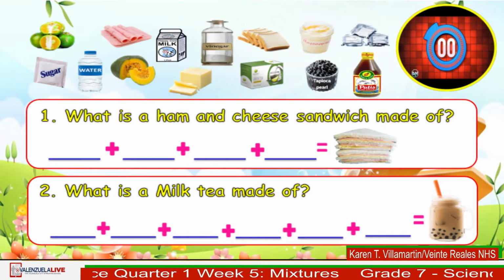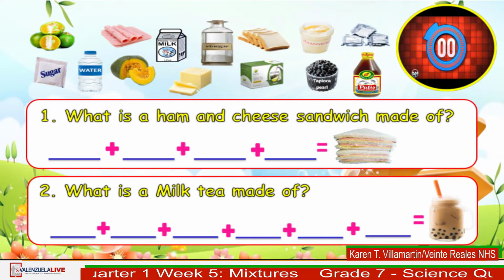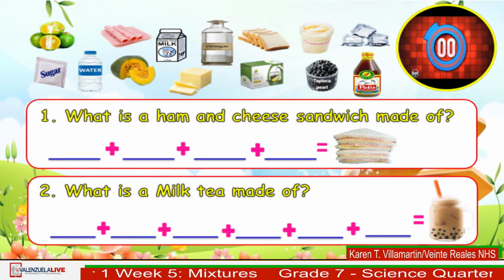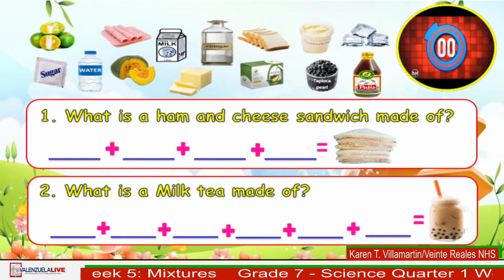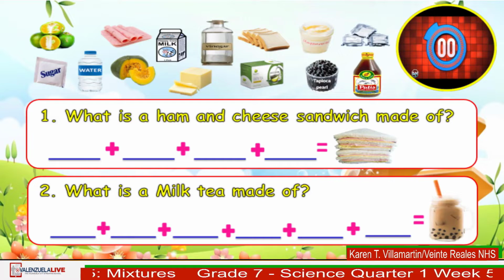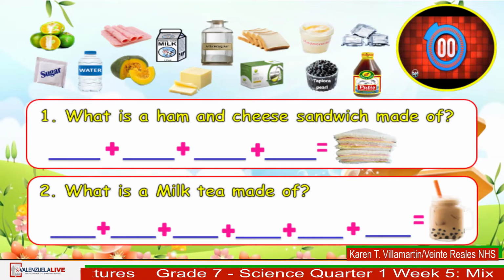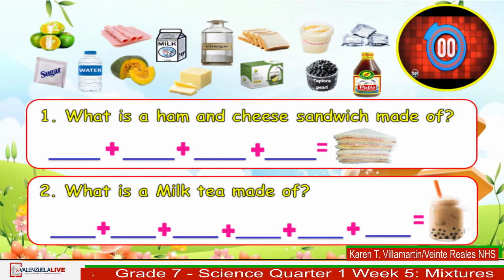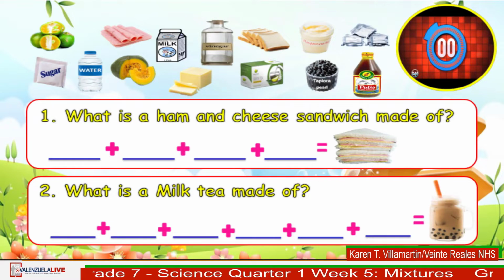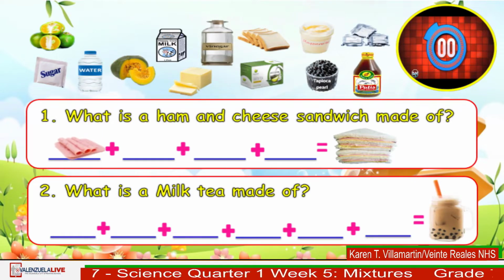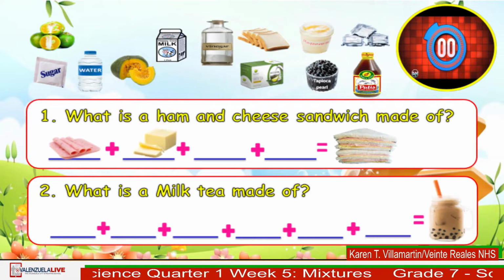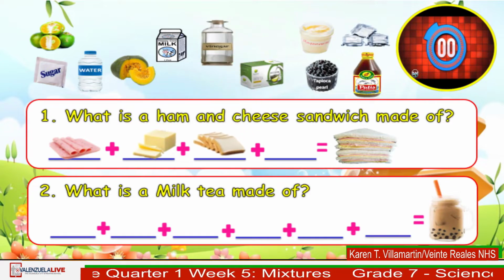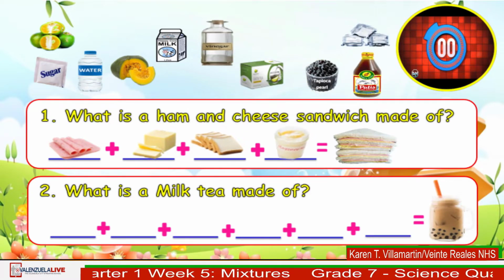Time's up. Now, let us find out the correct answers. In the first question, what is a ham and cheese sandwich made of? That is correct. A ham and cheese sandwich is made of ham, cheese, bread, and mayonnaise.